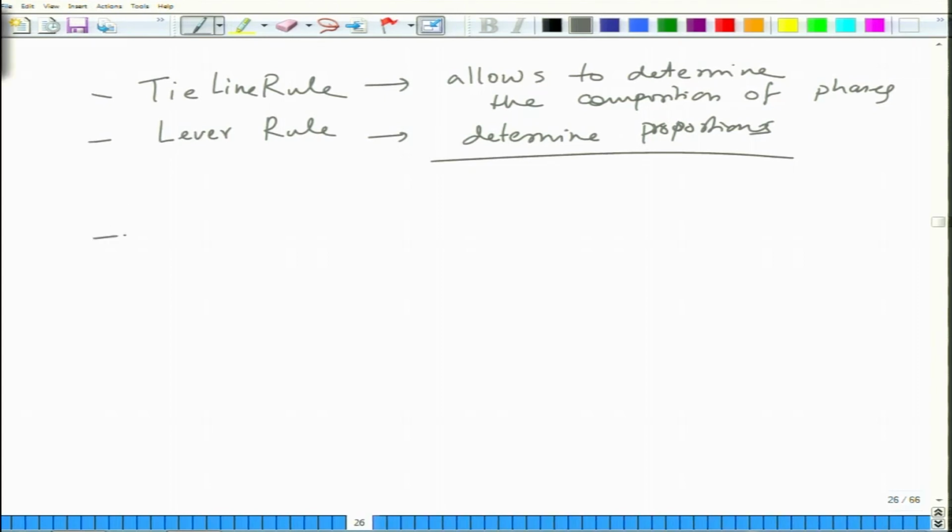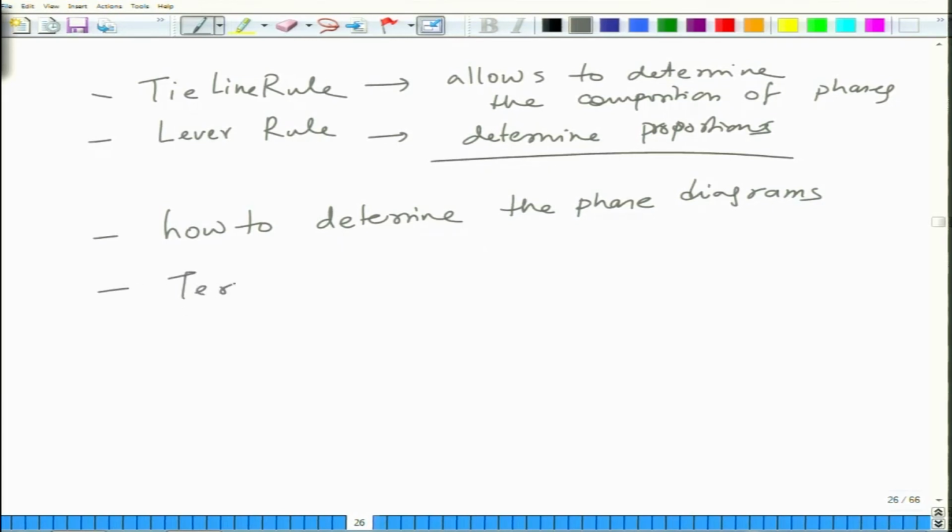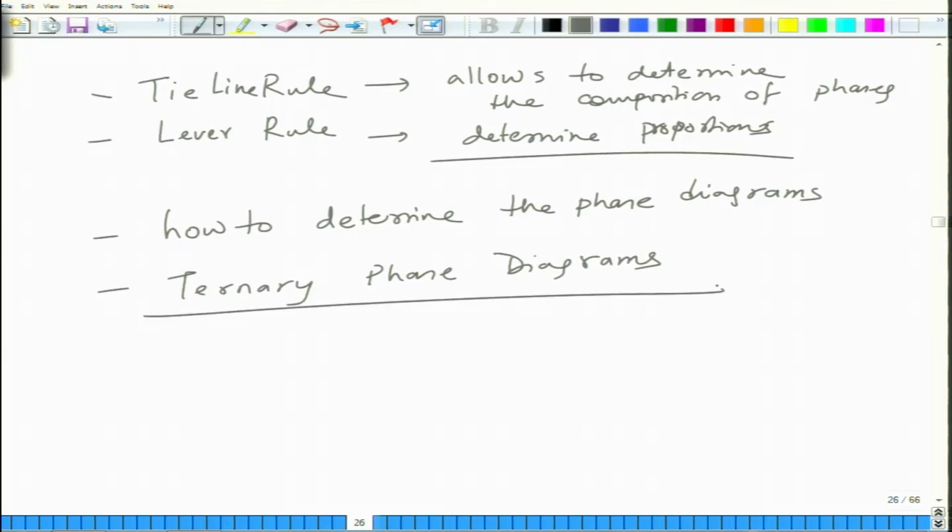We also looked at how to determine the phase diagrams, and so on and so forth. And then finally, we looked at ternary phase diagrams and their characteristics, which we discussed in a few lectures, followed by applications of phase diagrams.